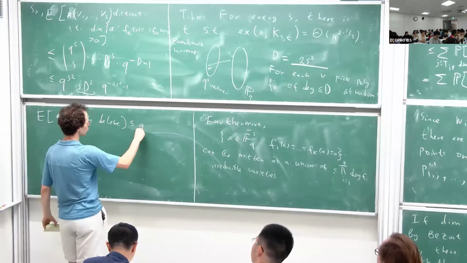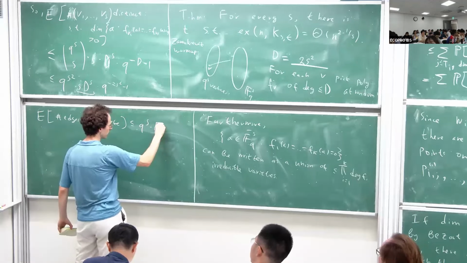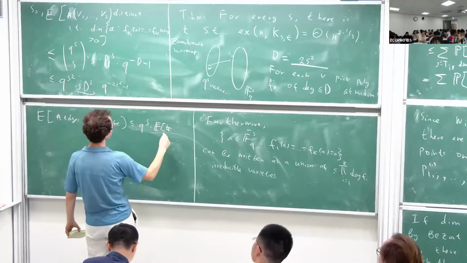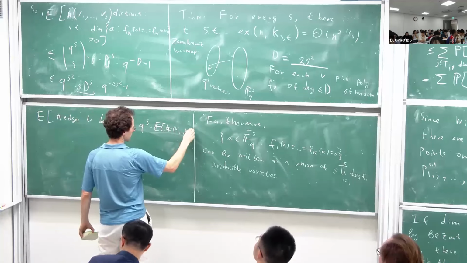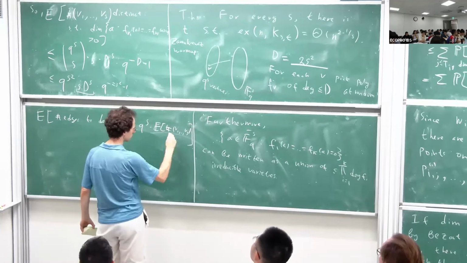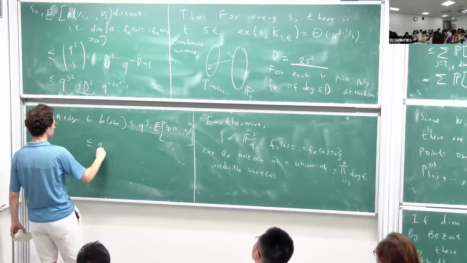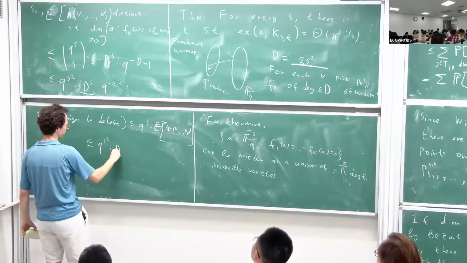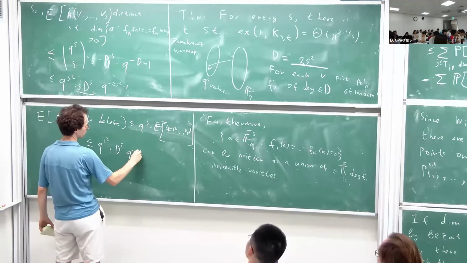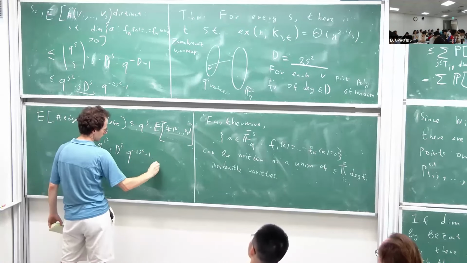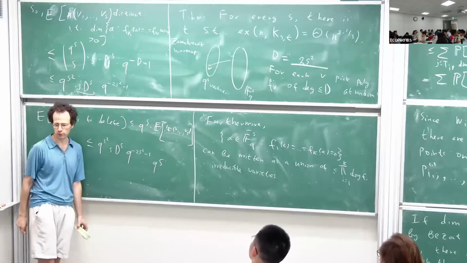It's at most Q to the S times the expected number of bad S tuples. So this is at most this thing squared times Q to the S, and again, this still is a small quantity.